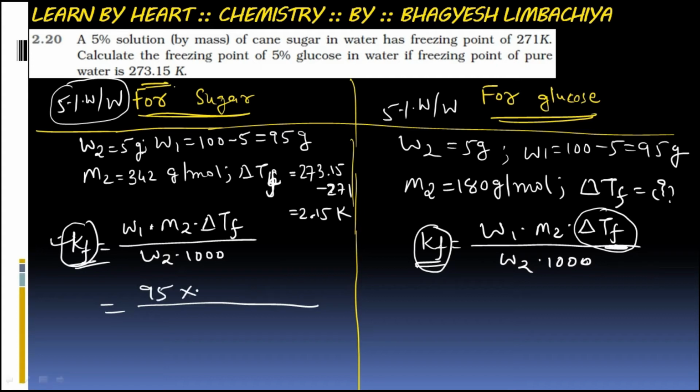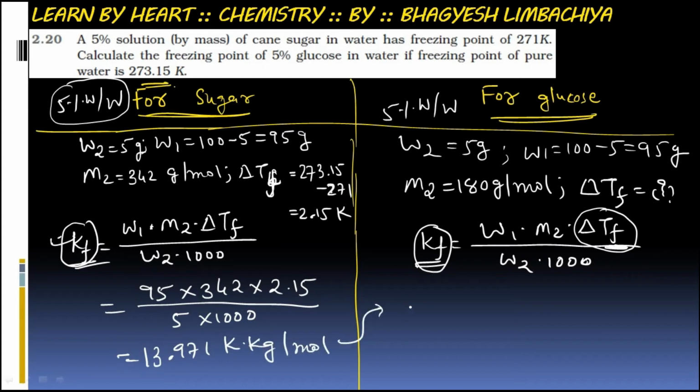W1 is 95, M2 342, delta TF 2.15, W2 5 gram and multiplied by 1000, and the answer will be 13.971 Kelvin kilogram per mole, and the same value can be put here, that is 13.971 equals W1 is 95, M2 180, delta TF we want to calculate, divided by 5 multiplied by 1000.